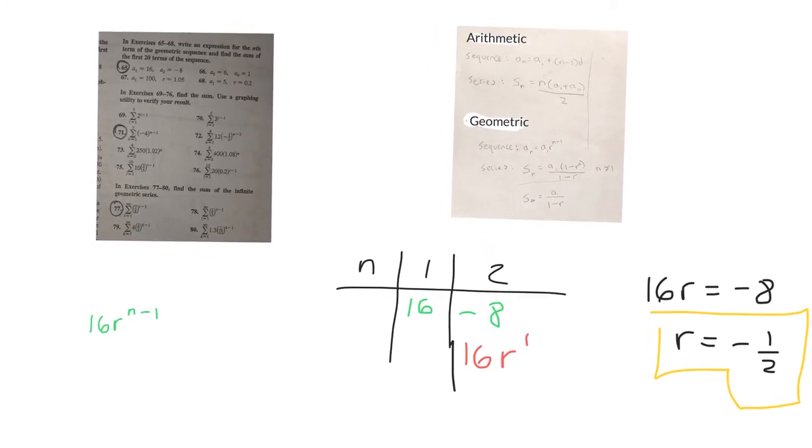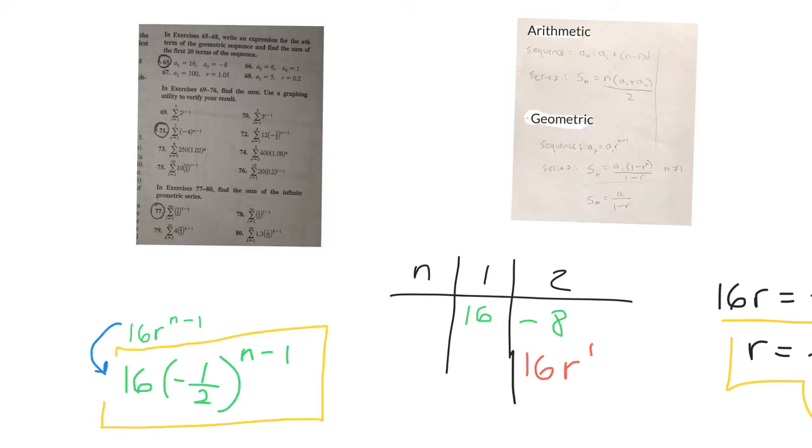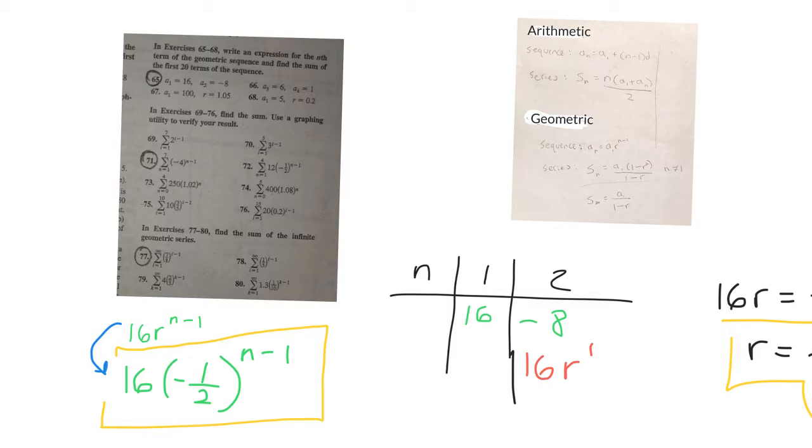So we can satisfy the first part of the problem by bringing this down and rewriting it as 16 times -1/2 to the n minus 1. That's the first part of the answer, because they are asking for an expression for the nth term of the geometric sequence.